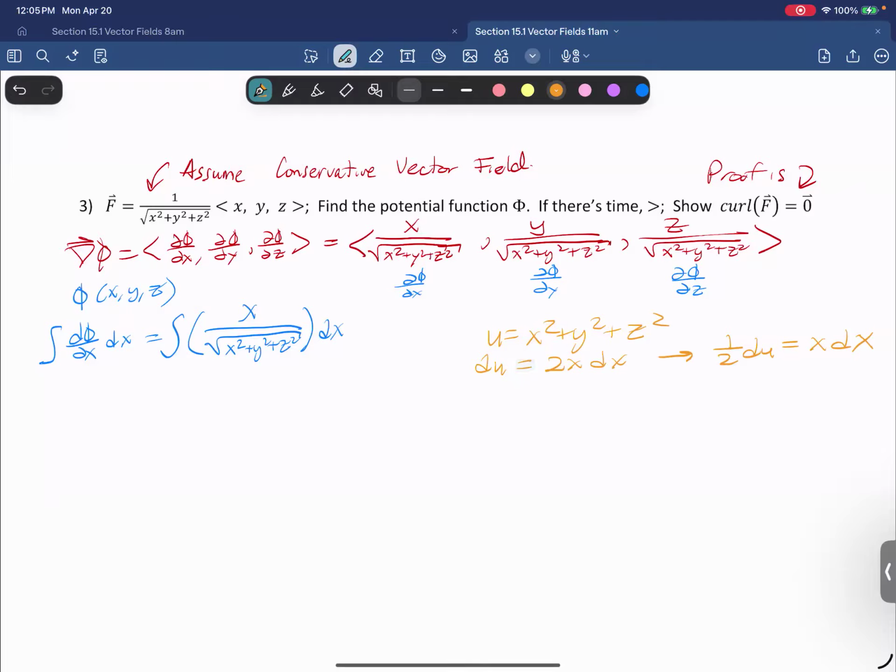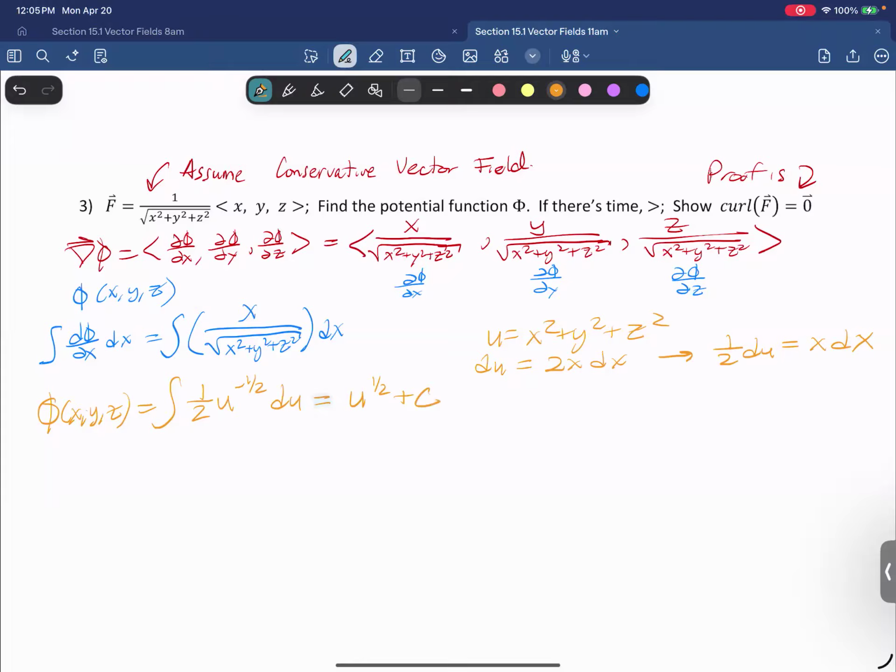So we got that, which makes this integral. I've got phi of x, y, z when I integrate the left side. This is doing the integral of 1/2 times 1 over square root of u, which would be u to the negative 1/2. We do that integral, and we go up a power, which is 1/2, divide by the power, and we just have u to the 1/2 plus some constant.